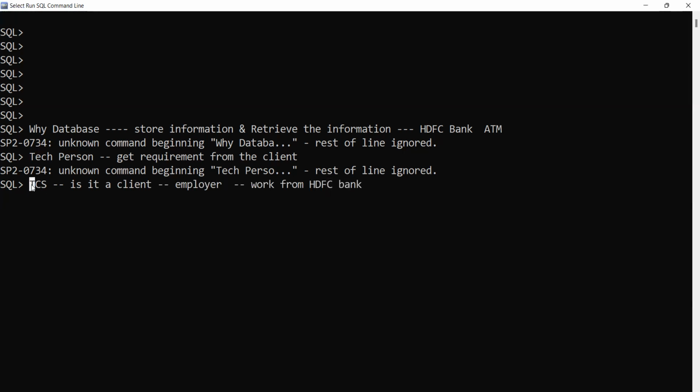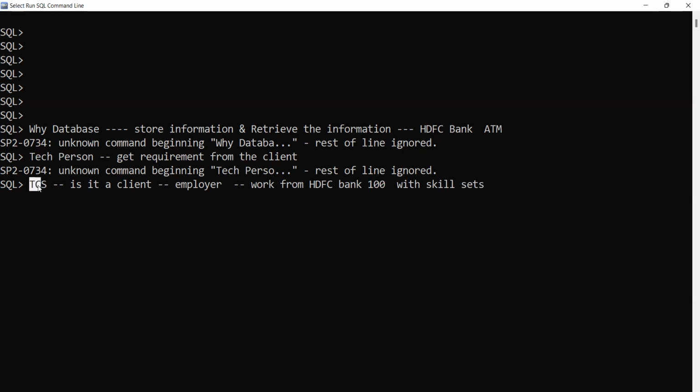They will contact TCS. TCS has a work order from HDFC Bank. Okay, so TCS will see, okay, for this requirement we need 100 people, or 1,000 people, with particular skill sets.